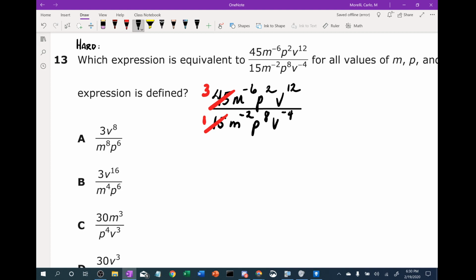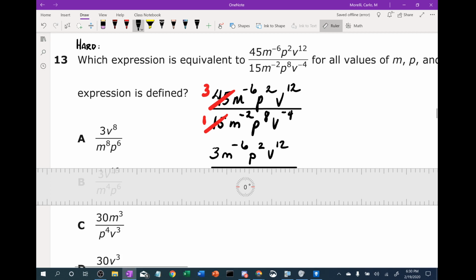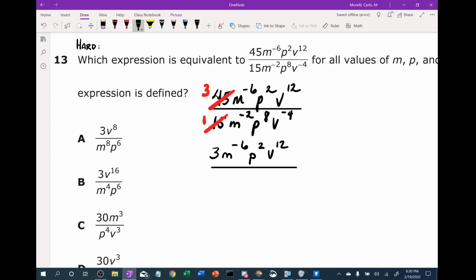Okay, so now we'll rewrite and see what we have left. We have 3m to the negative 6th, p to the 2, v to the 12, all over m to the negative 2, p to the 8, v to the negative 4.